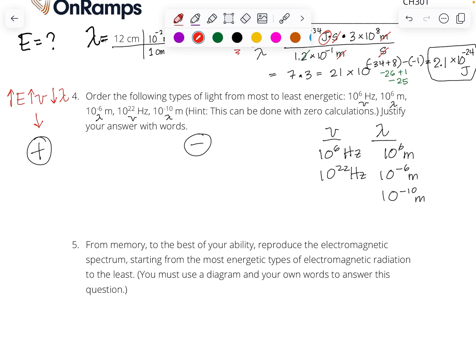And then the lower the energy, the lower the frequency, the higher the wavelength. So obviously, the highest wavelength is this one. That is the highest wavelength. That's going to be the lowest energy for sure.